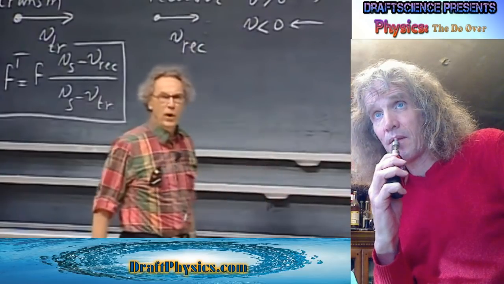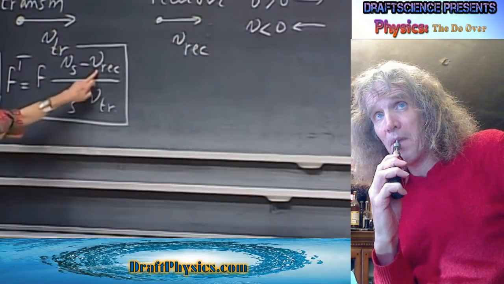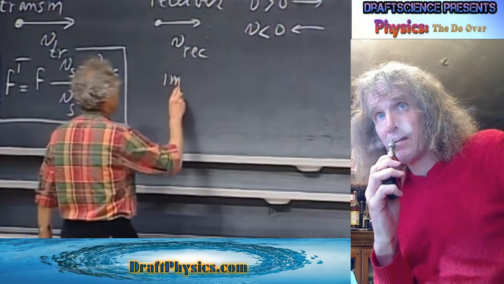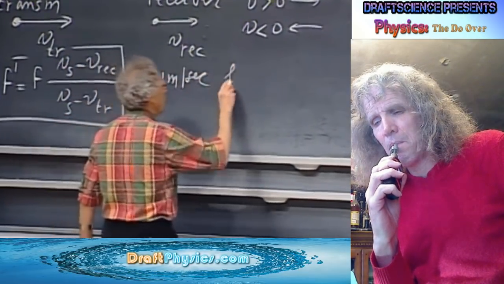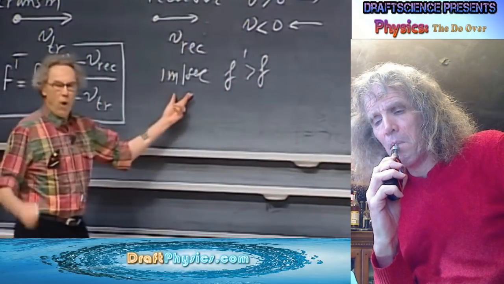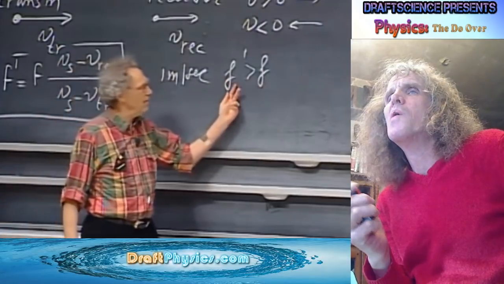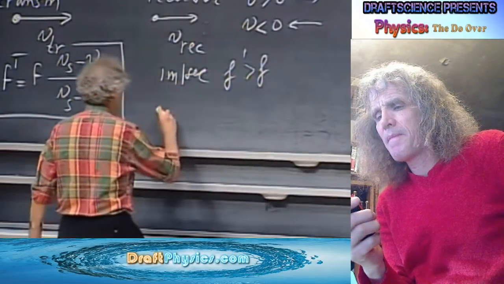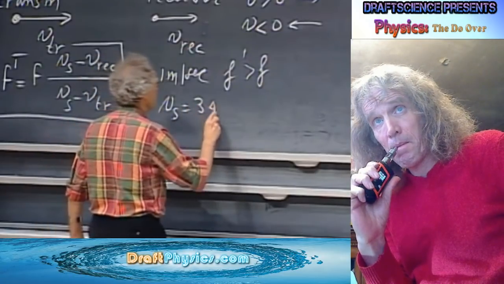You are not moving at all, you're sitting still, so v receiver is 0. But I move towards you with 1 meter per second. If I move towards you, then f prime will be larger than f. If I move away from you with 1 meter per second, then f prime will be smaller than f. The speed of sound is 340 meters per second.